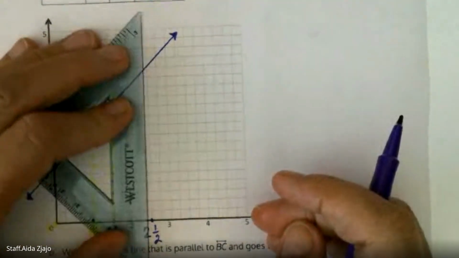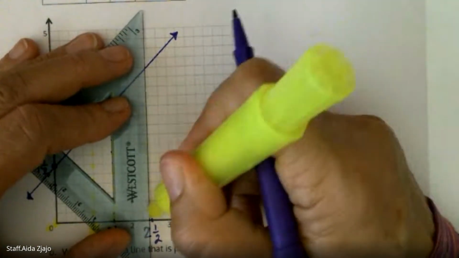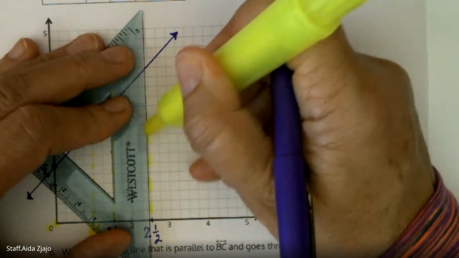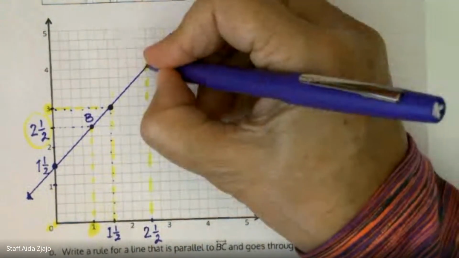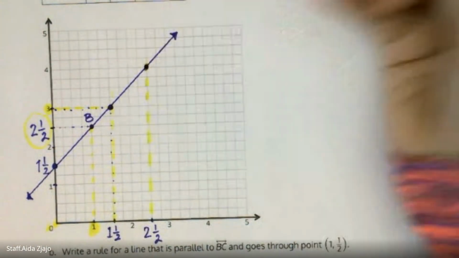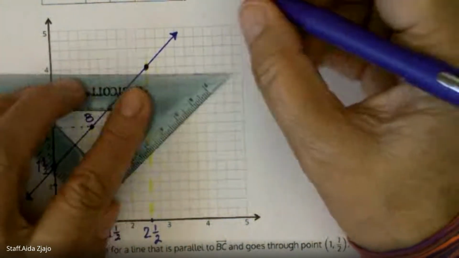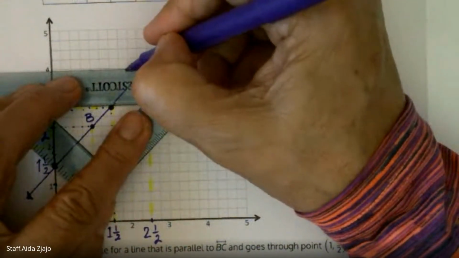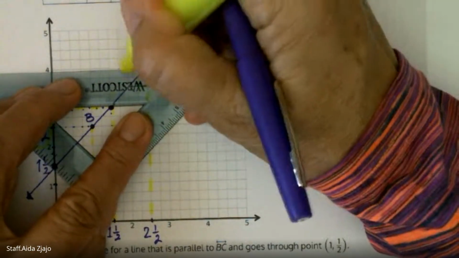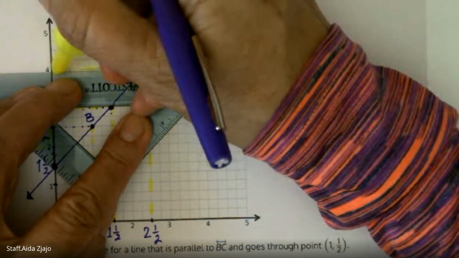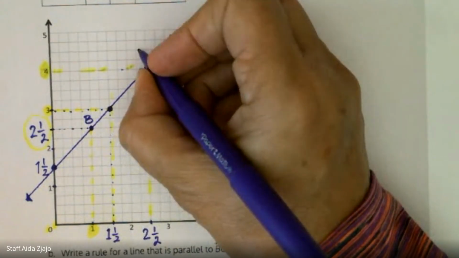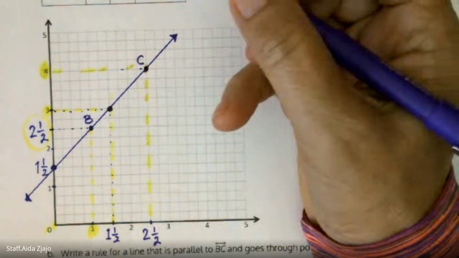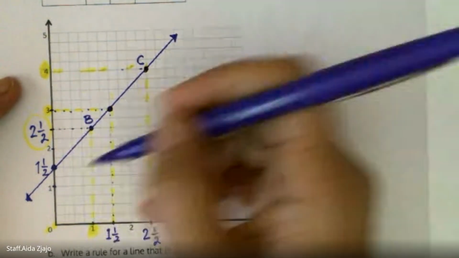So then I will make dashes all the way to where it matches with the line, and my point is going to be right here. So then I know that my y has to be 4. Okay, it's right there. So that is C.